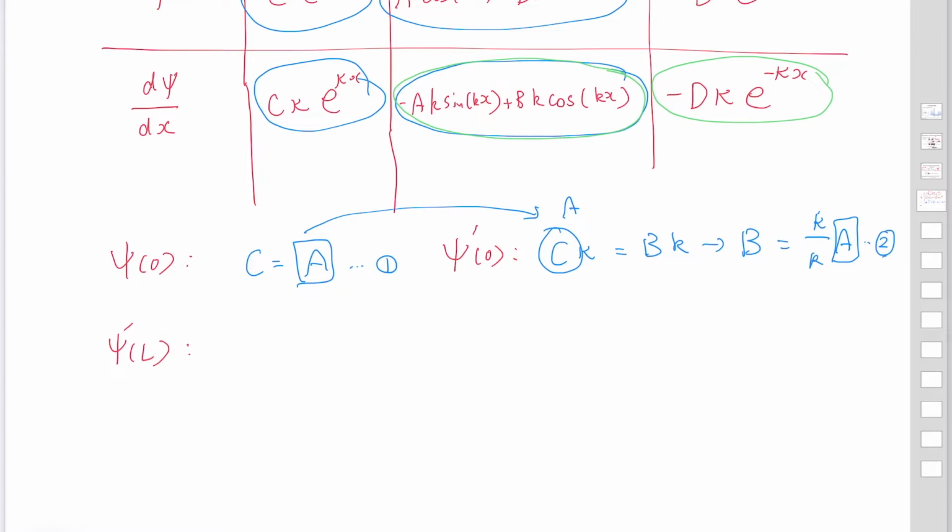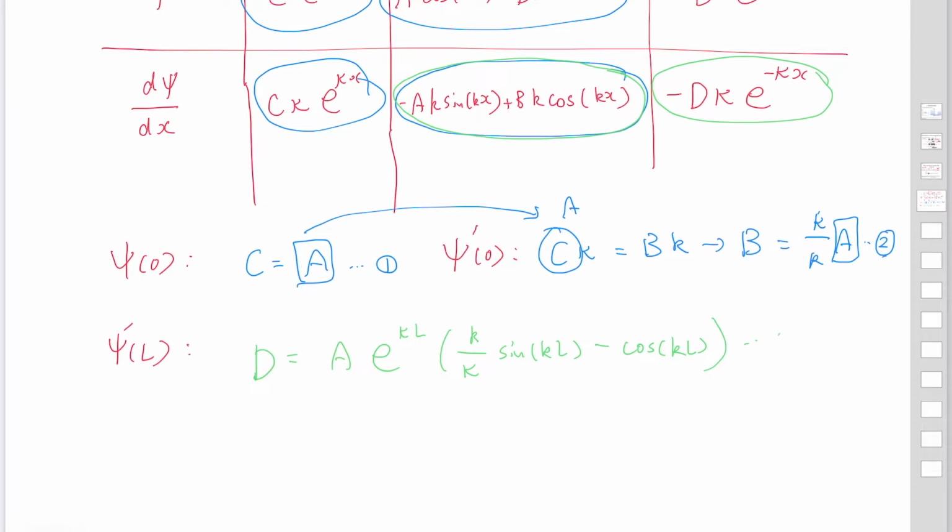From these equations, you can find d equals a exponential kappa L times k over kappa sine kL minus cosine kL.